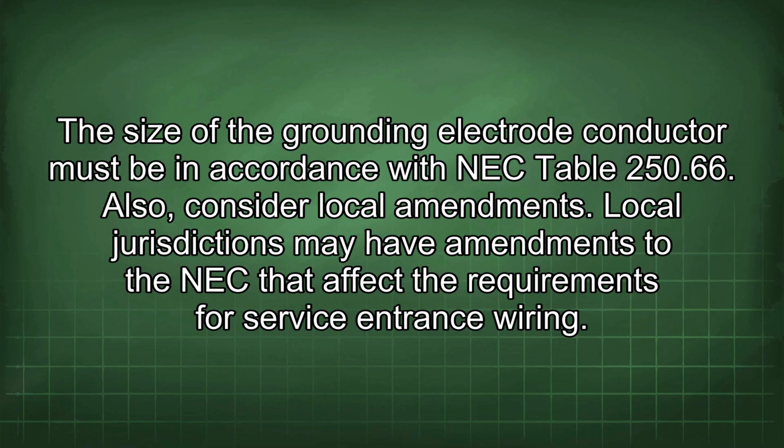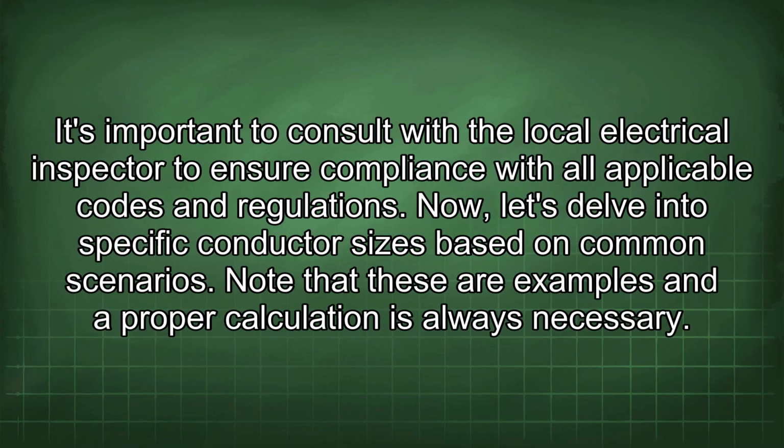The size of the grounding electrode conductor must be in accordance with NEC Table 250.66. Also, consider local amendments. Local jurisdictions may have amendments to the NEC that affect the requirements for service entrance wiring. It's important to consult with the local electrical inspector to ensure compliance with all applicable codes and regulations.